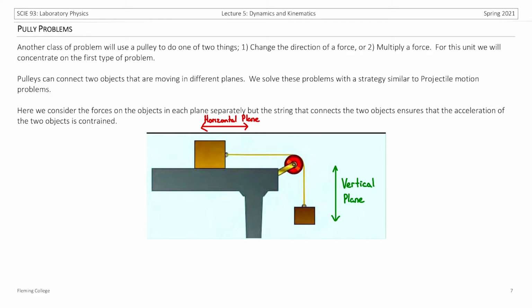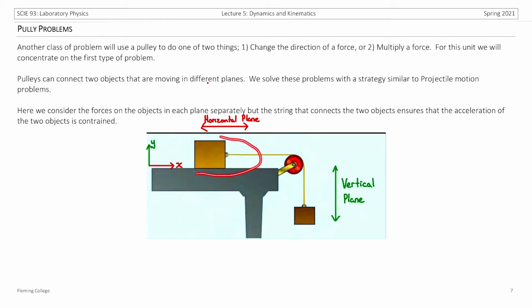If we look at our diagram, we would have an x-axis working horizontally and a y-axis working vertically. If there's enough unbalanced force that this block can move down, the string ensures that the block on the table will move right. Reflecting on our current chapter where we talk about the acceleration as the result of an unbalanced force, we're talking about the acceleration of these two blocks.